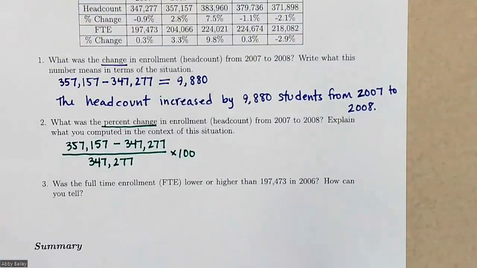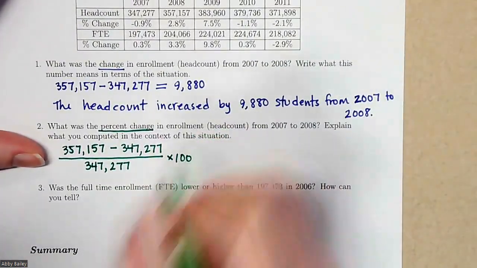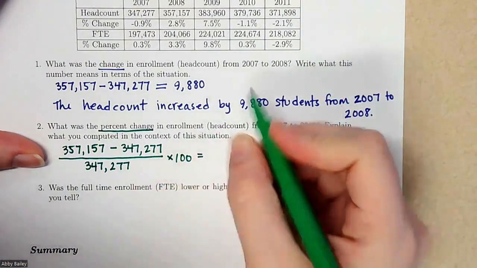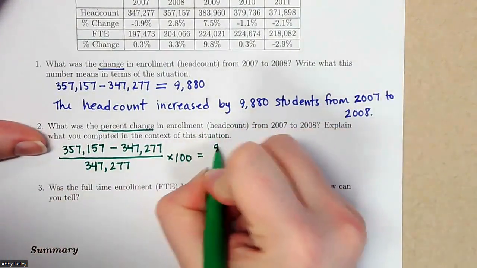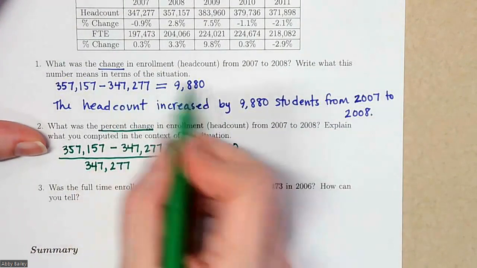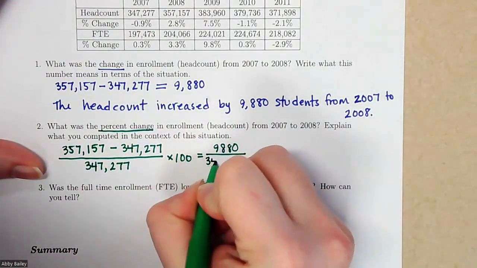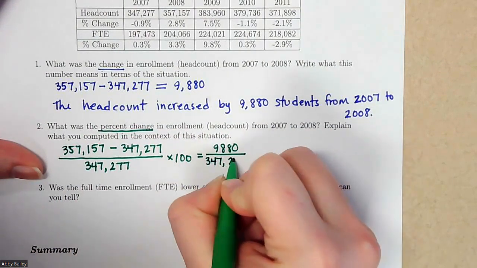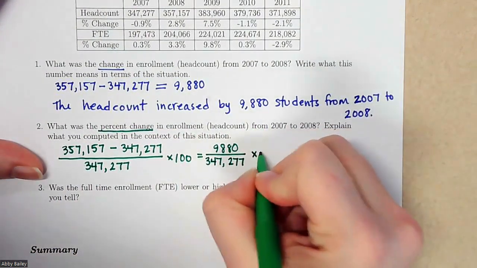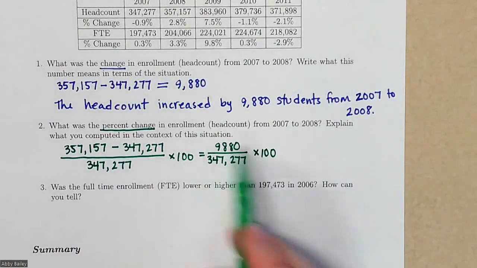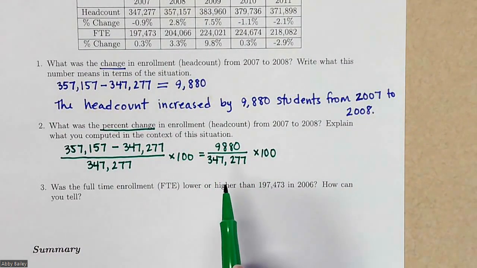Okay, so what would that be? So subtract this and we get the 9,880 that we saw in this. That's the change. Compare that to the original amount in 2007 and multiply by 100. This is calculator work if I ever did see anything.